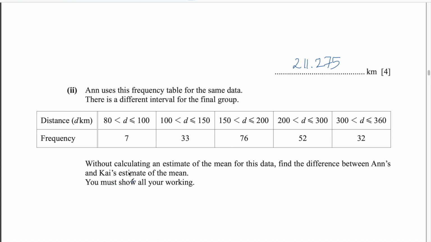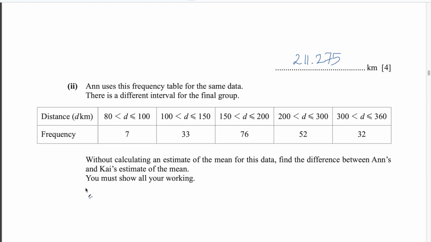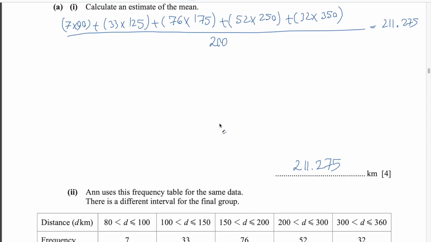It says without calculating an estimate of the mean for this data, find the difference between Anne's and Kai's estimate of the mean. You must show all your working. Listen guys, in order to find the mean here, likewise, you know what exactly we did in the previous part, you need to find the mid value of this interval, this interval, this interval, then multiply by the corresponding frequency.